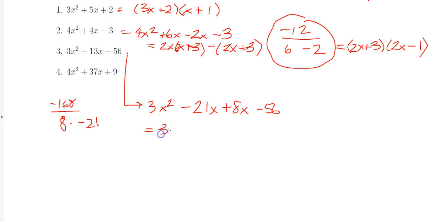So 3x times x minus 7 gives me the first 2 terms, plus 8 times x minus 7 gives me the second 2 terms. So 3x plus 8 is multiplied by x minus 7.